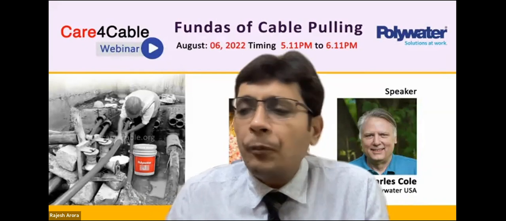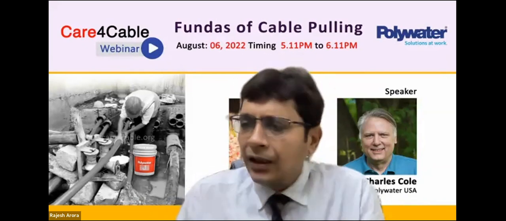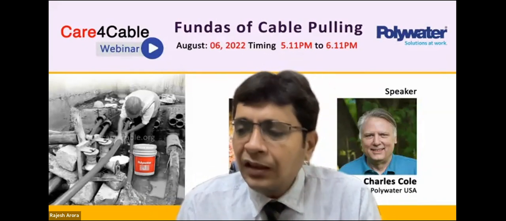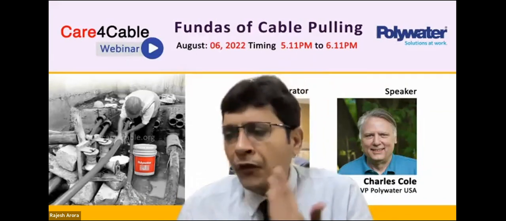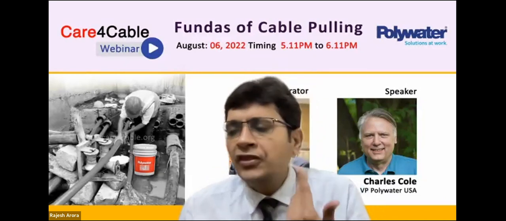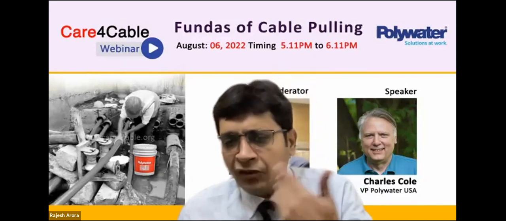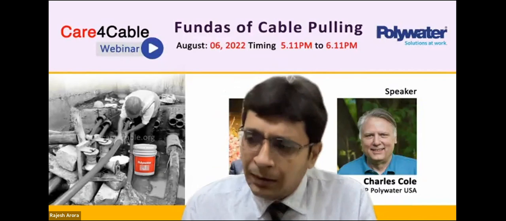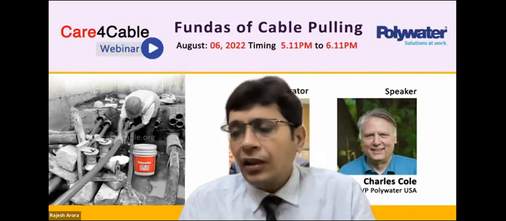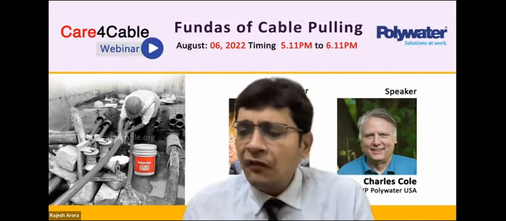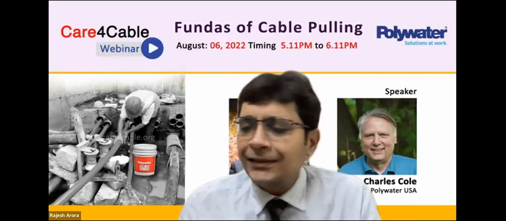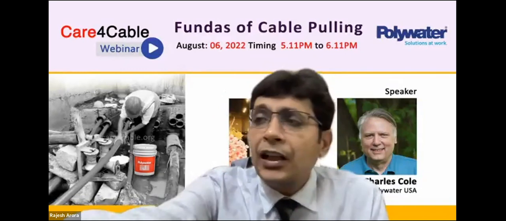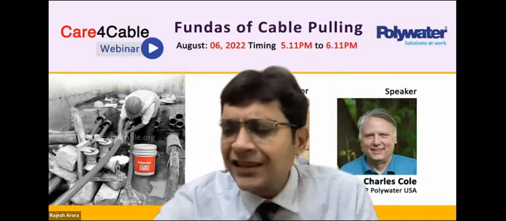Here comes the role of proper lubrication, because the lubrication we use reduces the friction, takes care of your coefficient of friction, and takes care of the sidewall pressures and tension, which is going to be explained by the presenter. It makes your installation faster. You can go for larger distances. There will be very few splices.